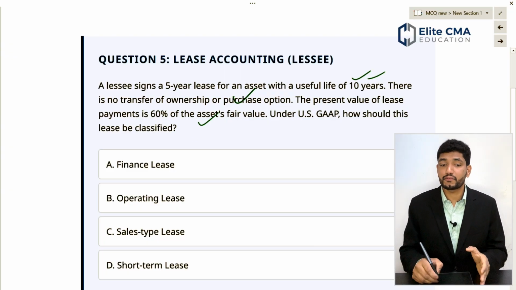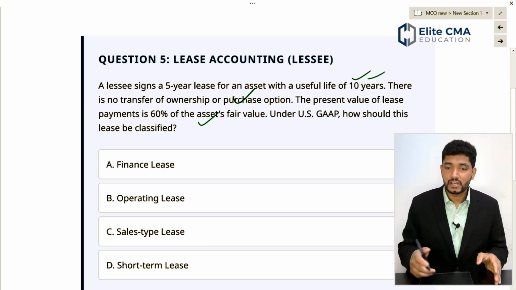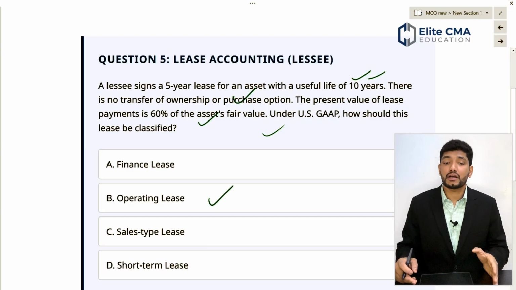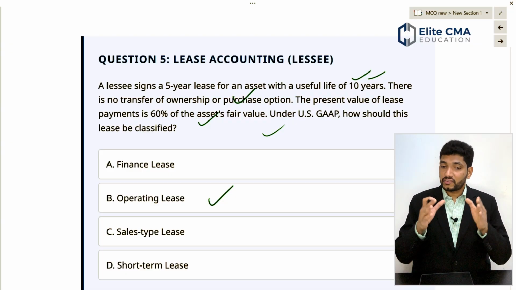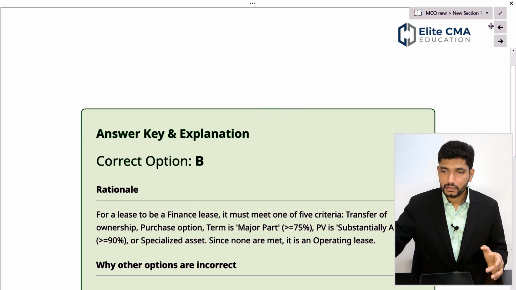And the present value of all lease payments is 60% of asset's fair value. So, under US GAAP, you can see that it is an operating lease because none of the financing lease criteria are satisfied here.